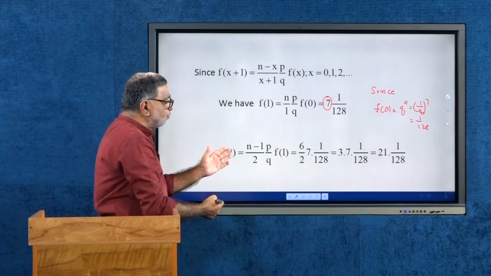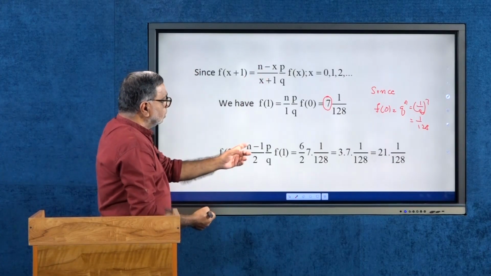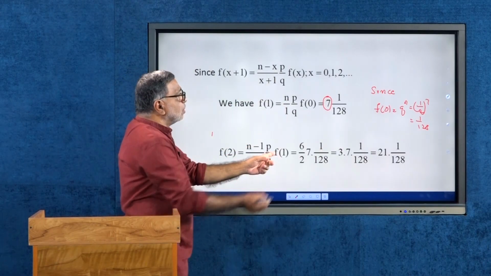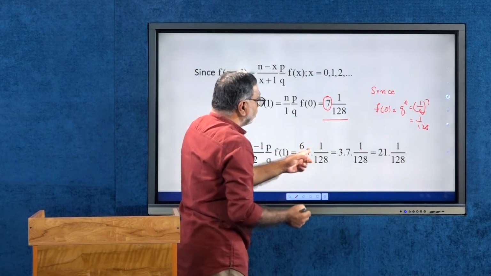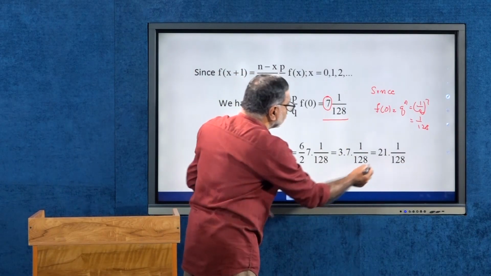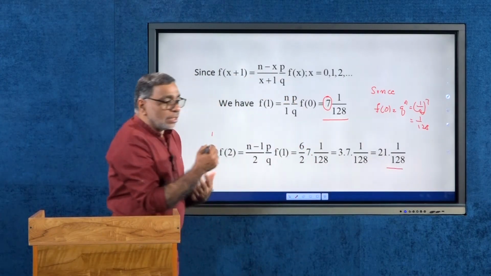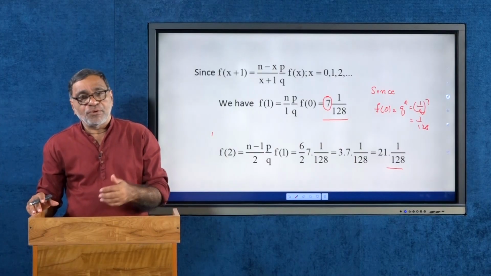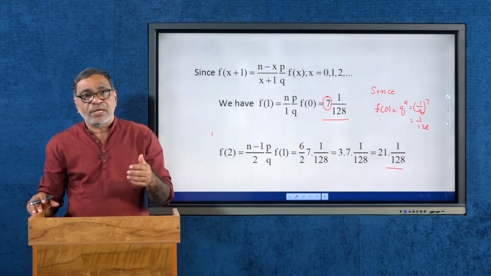Similarly, f of 2 using the recurrence relation is n minus 1 divided by 2 into p by q into f of 1. Already we have f of 1 as 7 into 1 divided by 128, so this value is obtained. Like this, you can calculate f3, f4, f5, f6, f7.